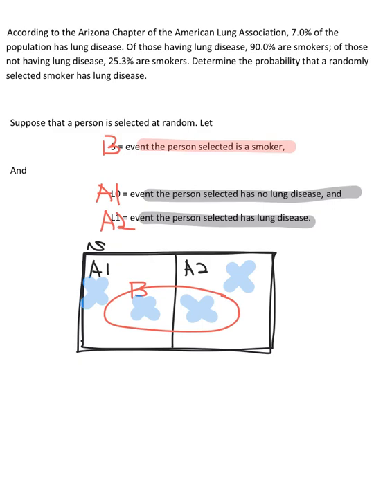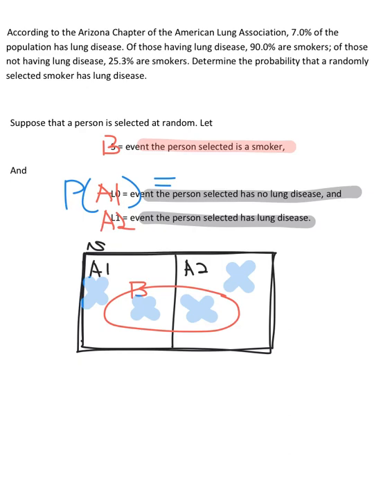Let me ask you the probabilities. How much was the probability of A1 given? What was that? The ratio, the percentages, who does not have the lung disease.